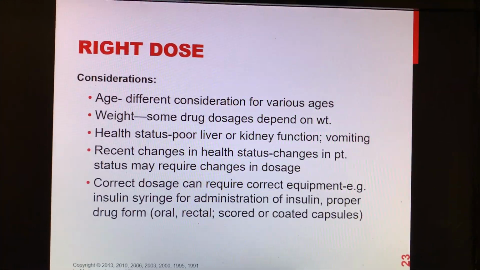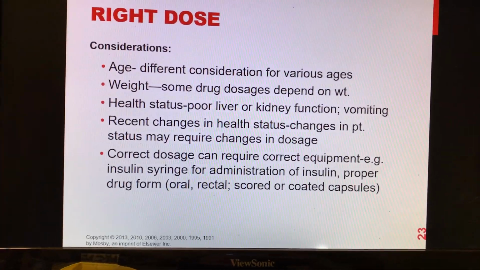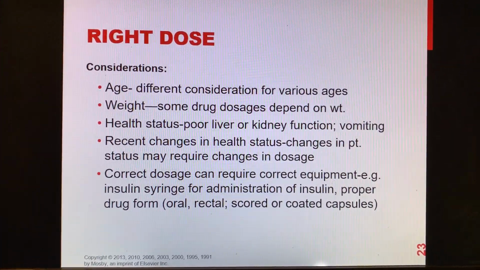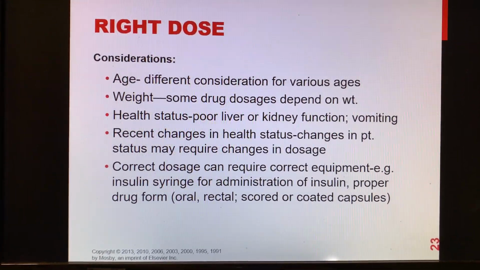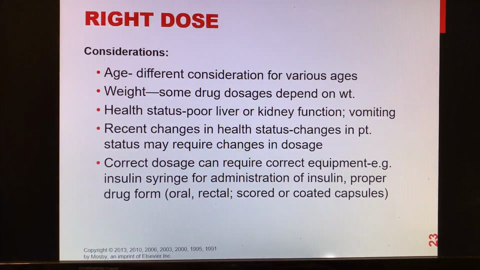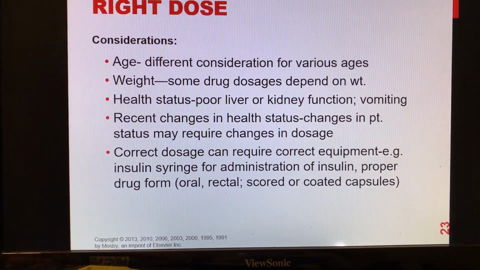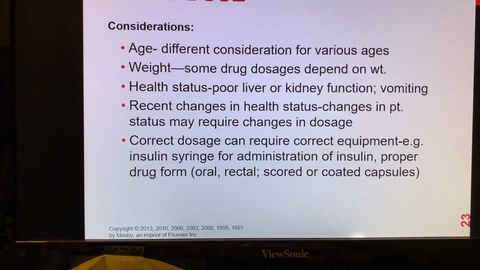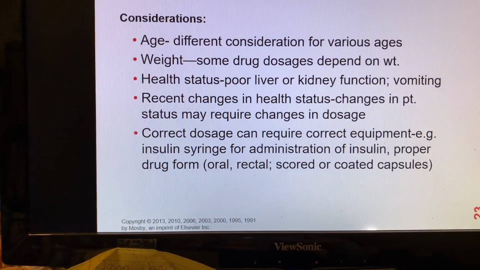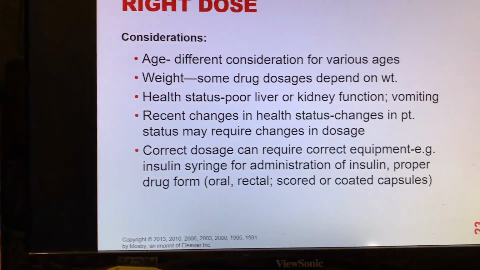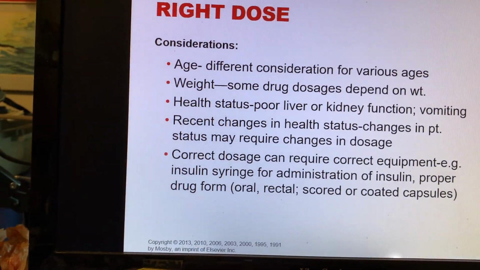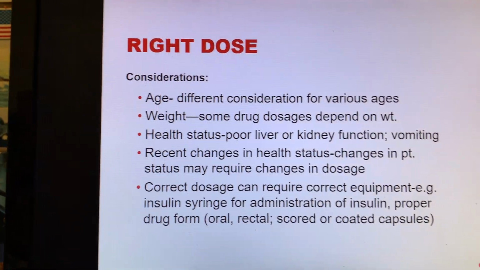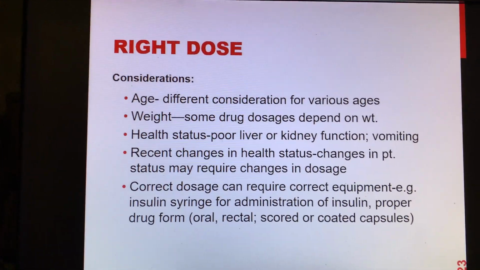The right dose, very, very important, and a lot of considerations when it comes to determining the right dose. How old is the patient? We talked earlier about different considerations for different ages, like the changes in the number of receptors in a child versus an elderly person. Many drug dosages depend on the weight of the patient, and determining a drug dose, especially for a child, is a kind of subjective matter.